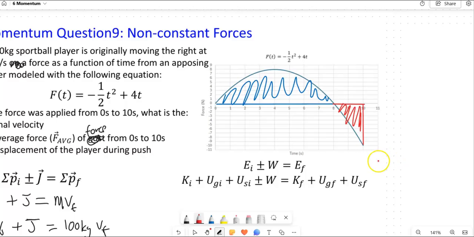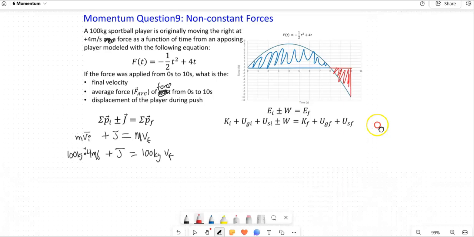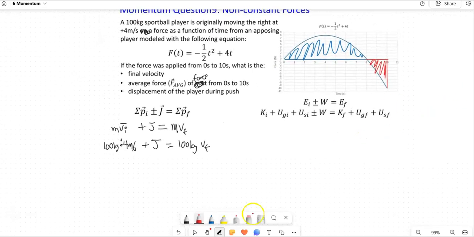Now, the best way to do this problem is to find impulse, which we're going to do here for now, where the impulse, again, is going to be the integral of this equation right here, from 0 to 10 seconds. So we're just going to hop right into it.